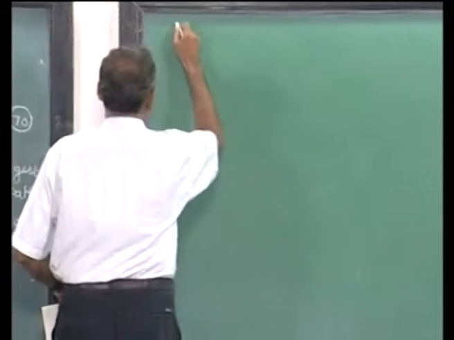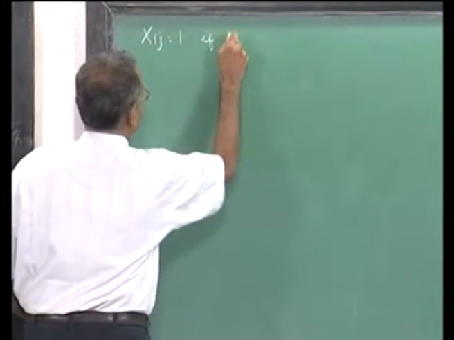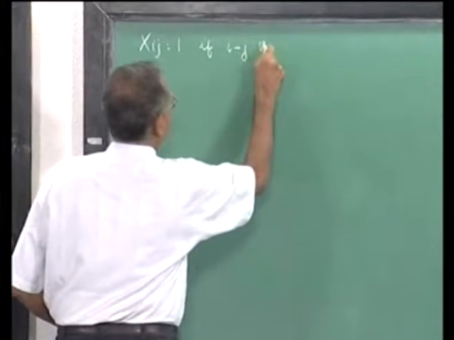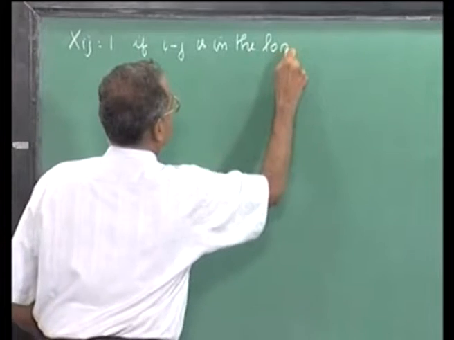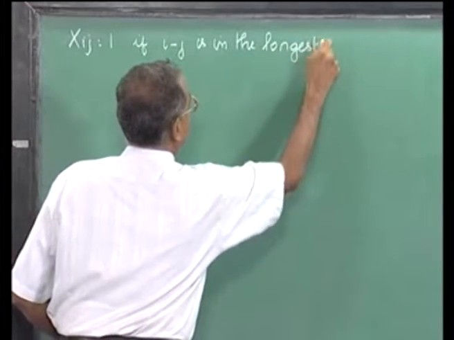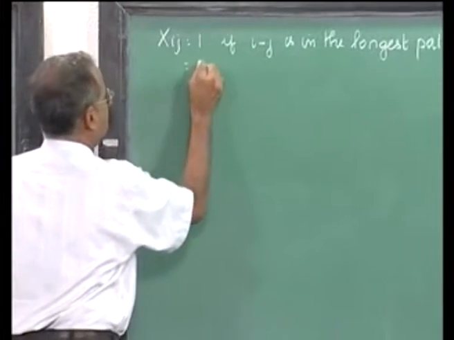So, xij equal to 1 if ij is in the longest path, equal to 0 otherwise.